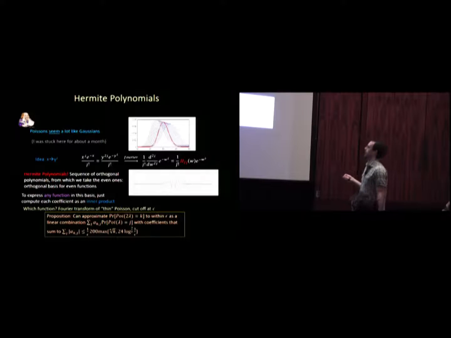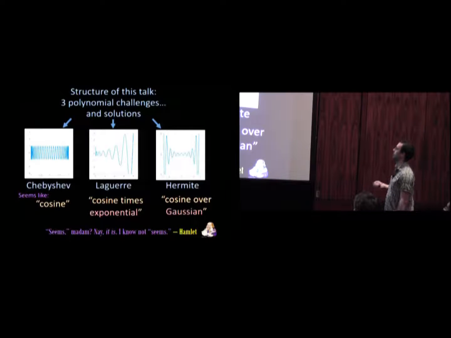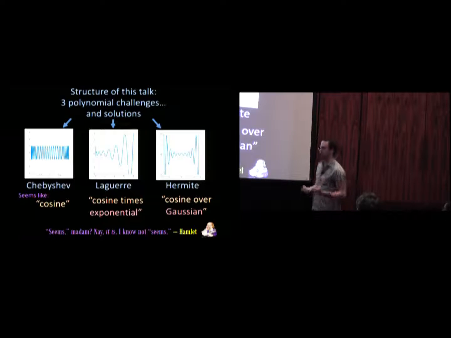The point is just that Poissons and Gaussians and Hermite polynomials are all the same thing under the right perspective, and all the techniques work. This is what we've seen: Chebyshev seems like cosine, Laguerre seems like cosine of exponential, Hermite seems like cosine of Gaussian. And what I really want to get across is that it's not just seems.